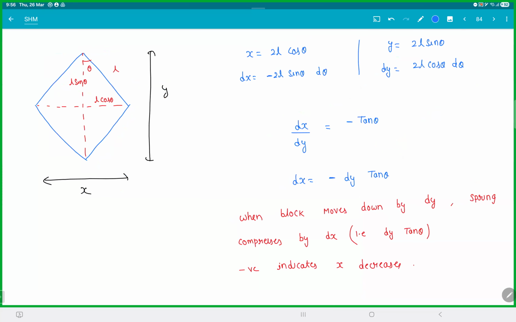I missed something here. When you pull it by y down, I messed up everything. This was L sin theta. This was L cos theta.